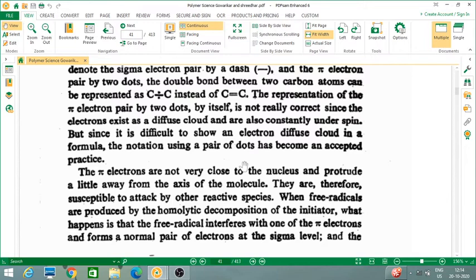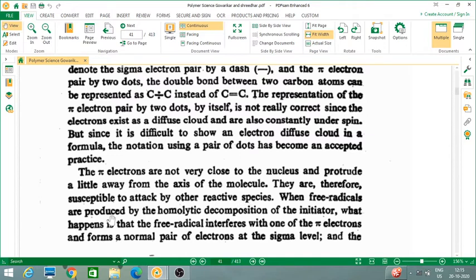So you cannot show a diffuse electron cloud, right? So you denote it by two dots. The pi electrons are not very close to the nucleus and protrude a little away from the axis of the molecule. They are therefore susceptible to attack by reactive species.